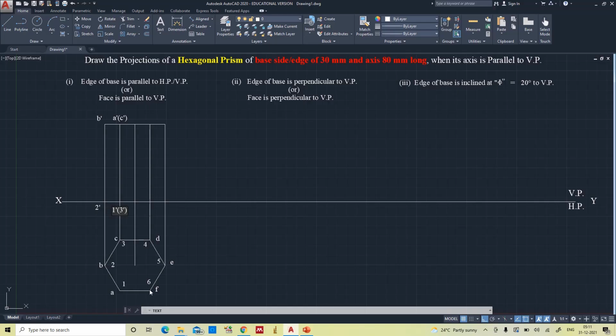And coming to here, F6 is clearly visible, D4 is invisible. F dash of D dash, and this one will be 6 dash of 4 dash. And this is clearly visible, 5 dash, E dash. That's it. So now, as I said, all the edges will be clearly visible.